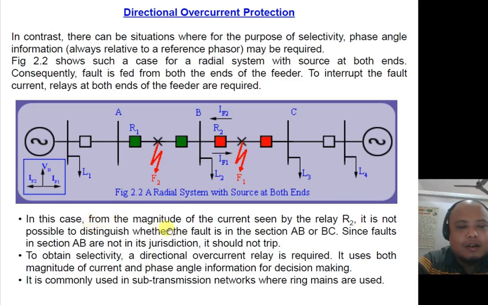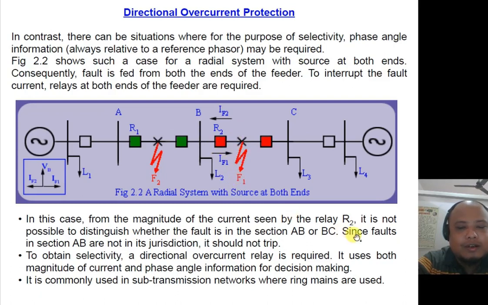So in this case, suppose a fault appeared at F1. From the magnitude of current seen by the relay R2, it is not possible to distinguish whether the fault is in the line section AB or BC. If a fault appears at location F1, R2 will detect the fault current, but it is not possible to know whether the fault is in this line section or in this line section, because current is flowing from both sides.